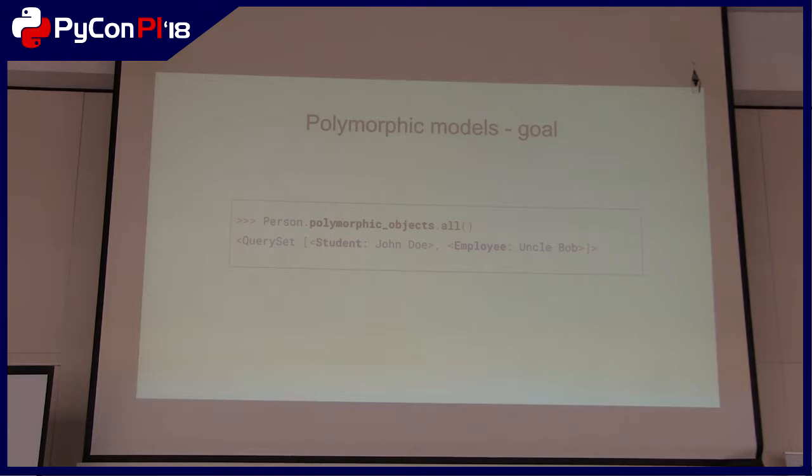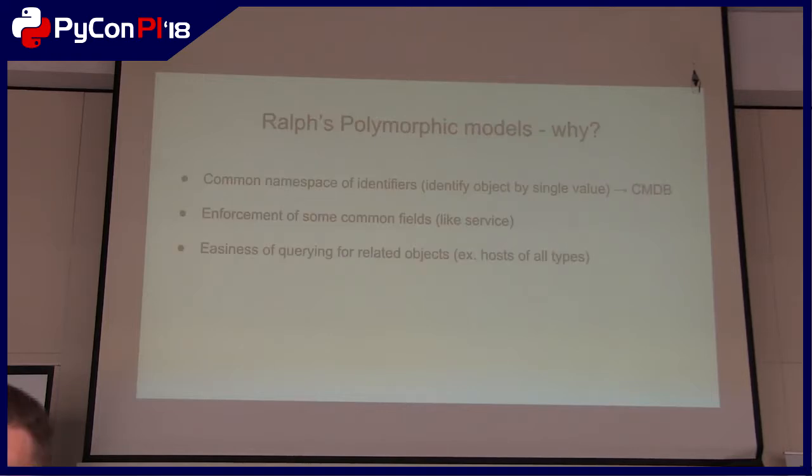And we did it in Rust. You might ask, why did we do it? Because we need a common namespace for identifiers. There is a thing in Django called content types, which handles generic relations, where we could create a foreign key to any model we want, but it's stored in 2 database fields.